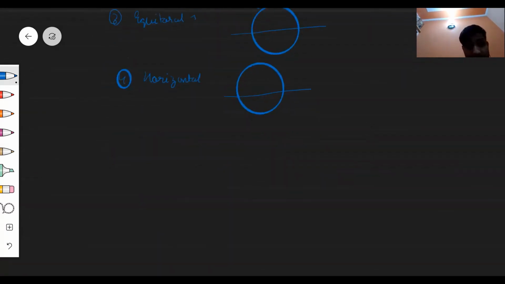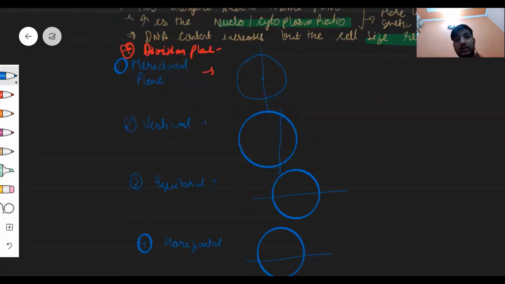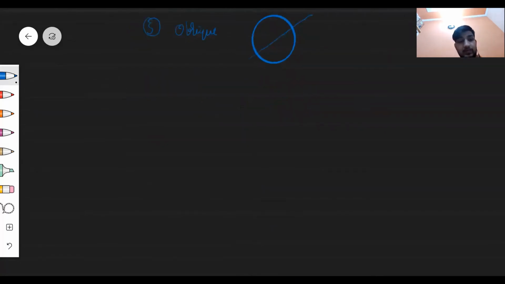And fifth is the oblique, at any place, but at an angle with the diameter, not at 90 degrees. So these are the division planes of the cleavage.